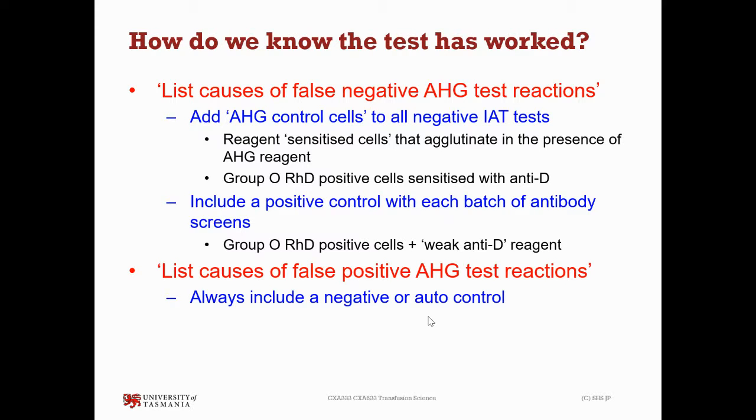Because we do get autoantibodies, don't we? So when you think about warm autoimmune hemolytic anemia and cold hemagglutinin disease, we can have an autoantibody there, and we can pick that up when we use an auto control in our panel.